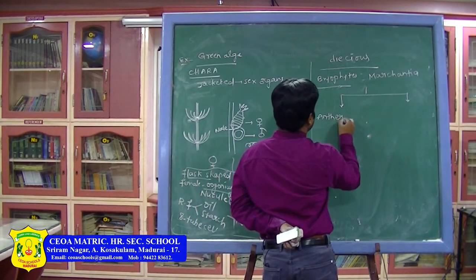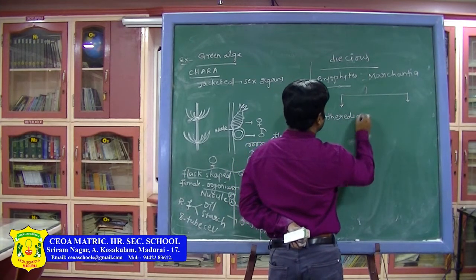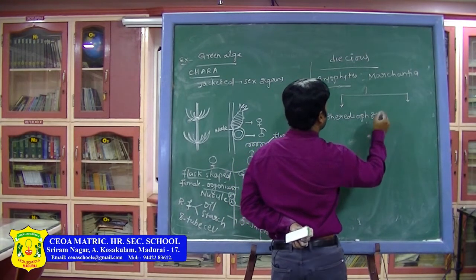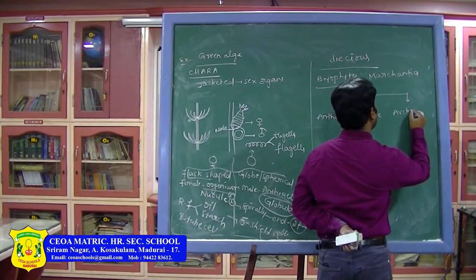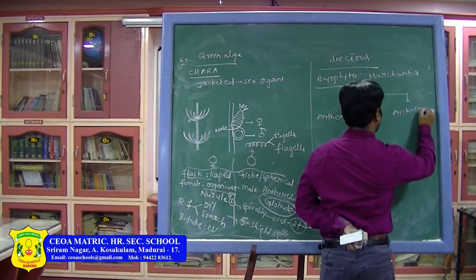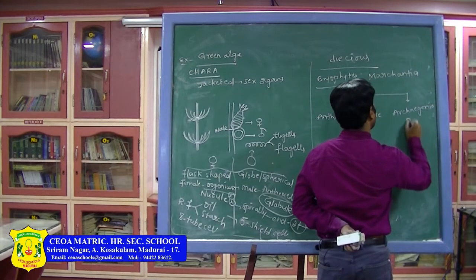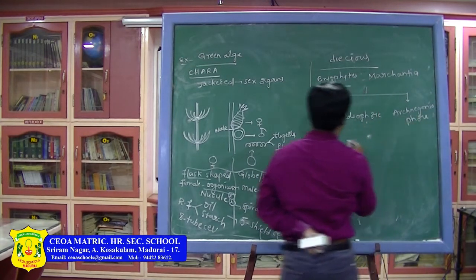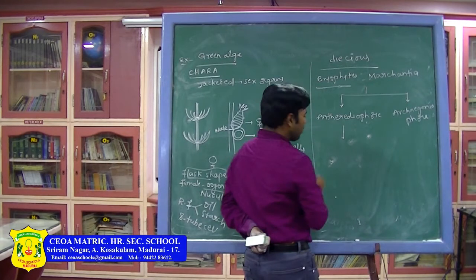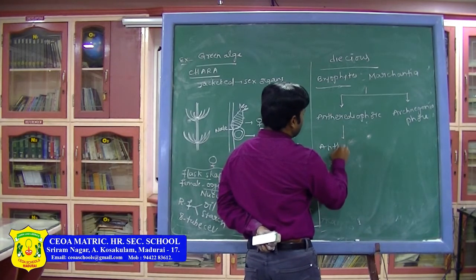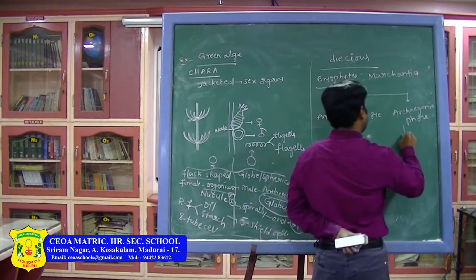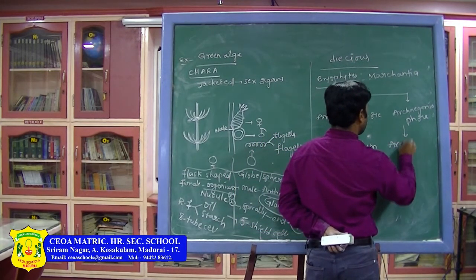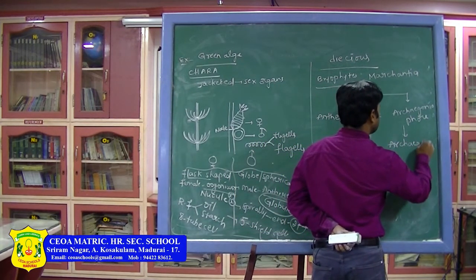The stalked antheridiophore. Where do they grow? On the antheridiophore. The female reproductive part grows on the archegoniophore. Then on the antheridiophore, what will be there? Antheridium. On the archegoniophore, what will be there? Archegonium.